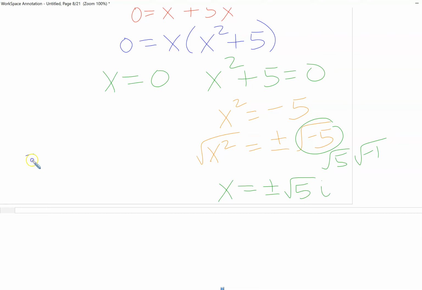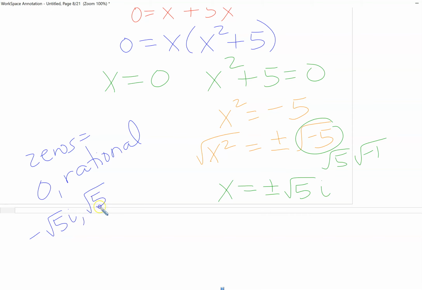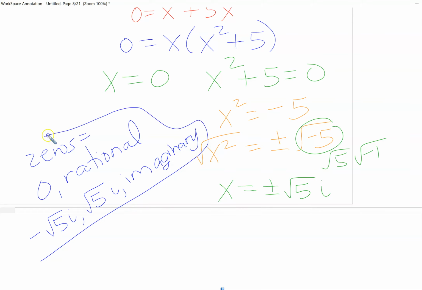So for our zeros, we have 0, which is rational. We have our negative square root of 5i and our positive square root of 5i, which are both imaginary. So again, don't make assumptions. Always analyze the structure of the polynomial you're working with for what type of factoring is appropriate.